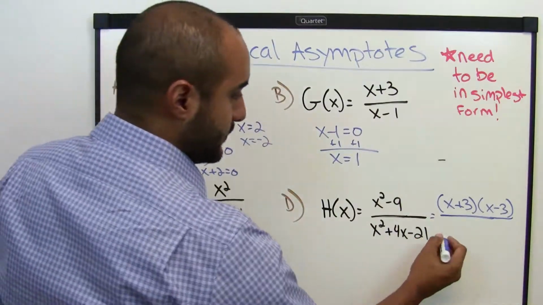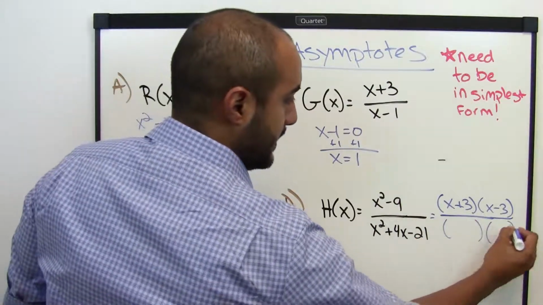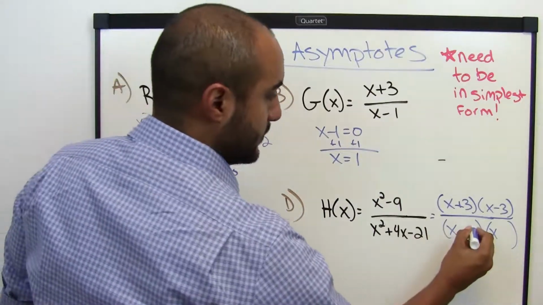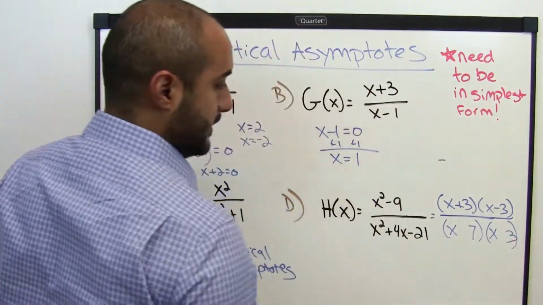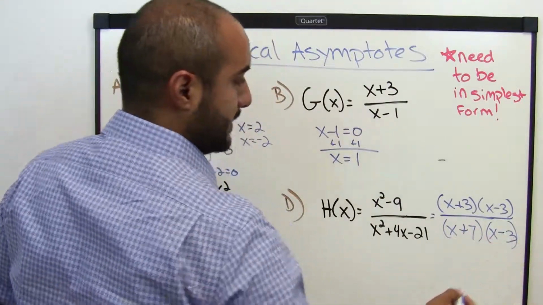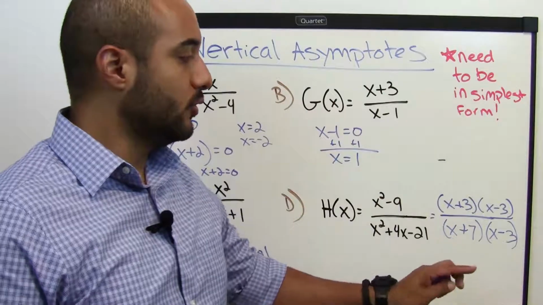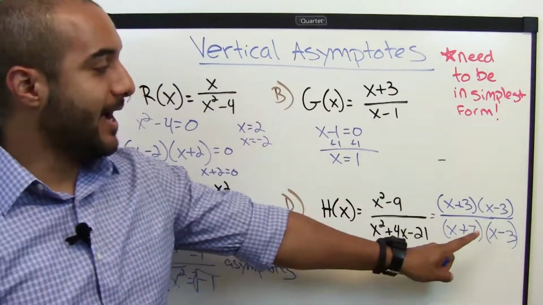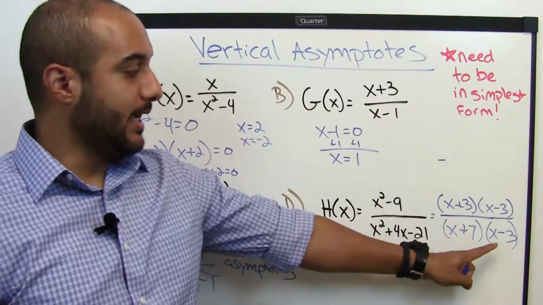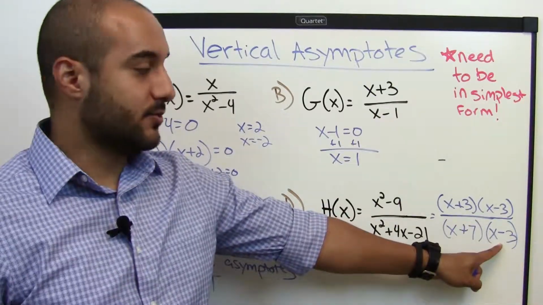And here, if I factor this, I should get 7 and 3 work, and it'll be plus minus. So look what happens. I have a factor here of x minus 3, and I also have a factor here of x minus 3.